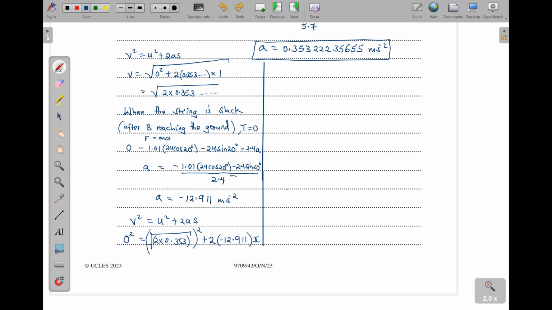So we shall have 2 times 12.911 of x, which is equivalent to 2 times 0.353. Then x is going to be, don't you think this 2 actually goes? So we shall have 0.353 divided by 12.911. So what do we get there?